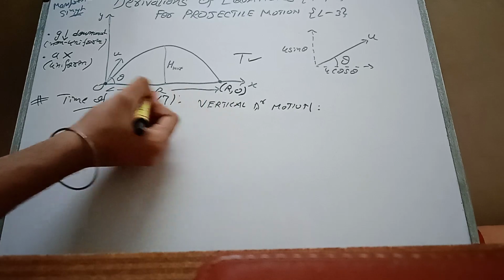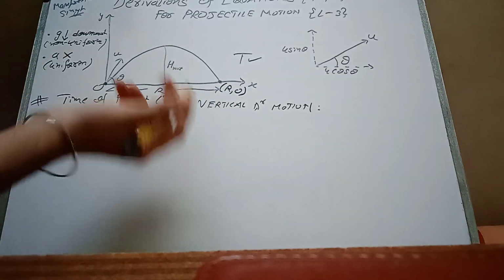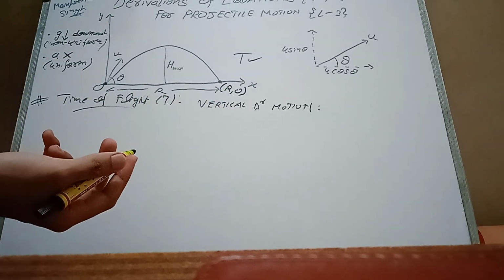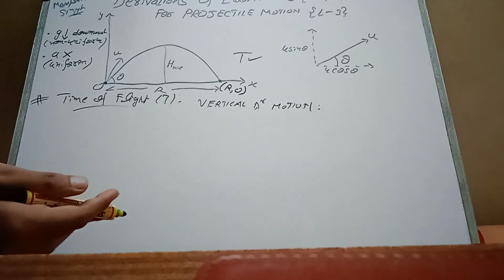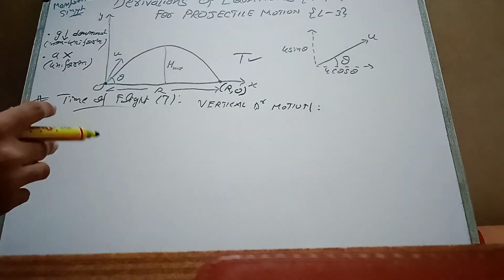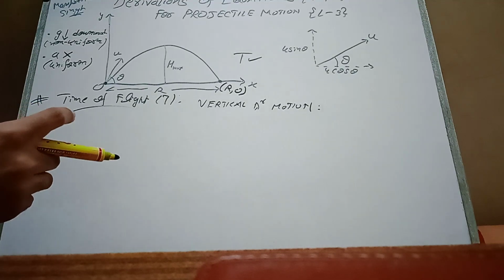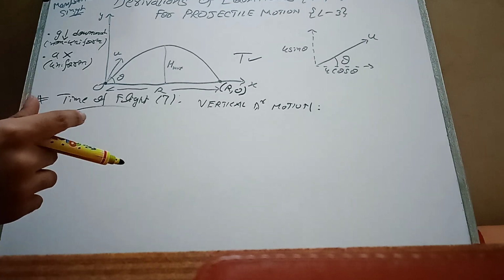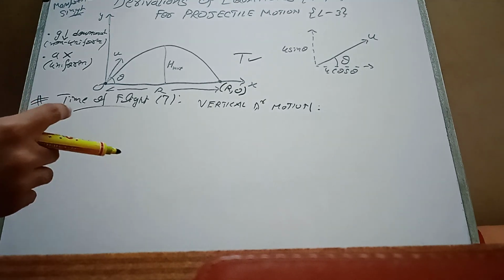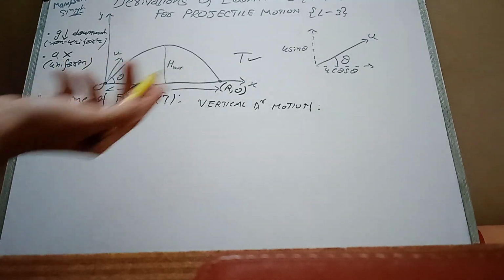X, y. The x has gone to R, but what happened in y? What is the displacement in y? What is displacement? Displacement is the change in position vector. So what is the change? 0 minus 0.